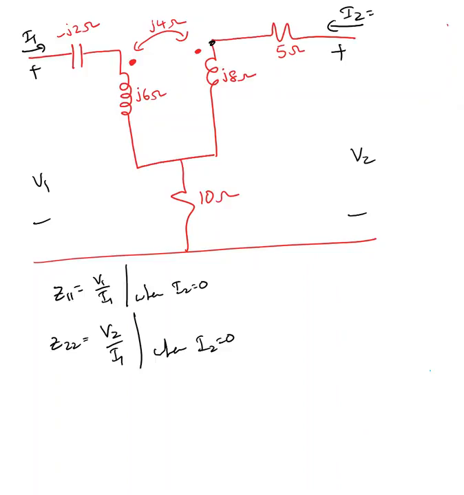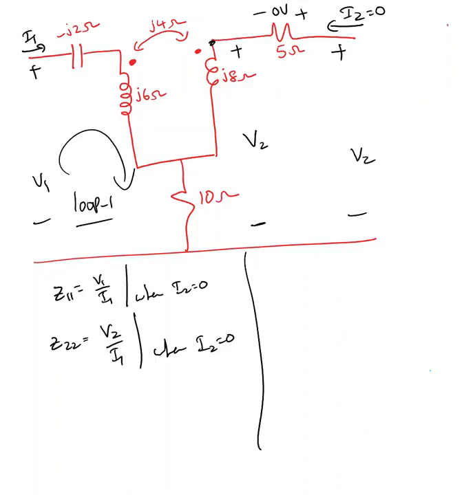Here I'm taking I2 equal to 0, so the voltage drop across this 5 ohms is 0 volt. So I can take this voltage as V2. Now to get Z11, I'm going to take loop 1, apply KVL.